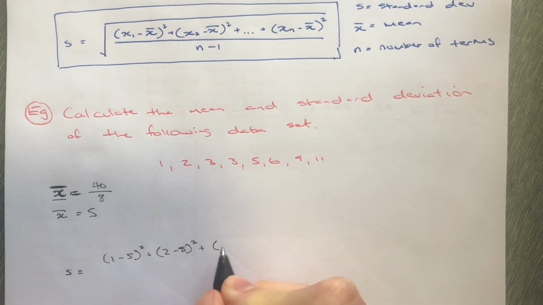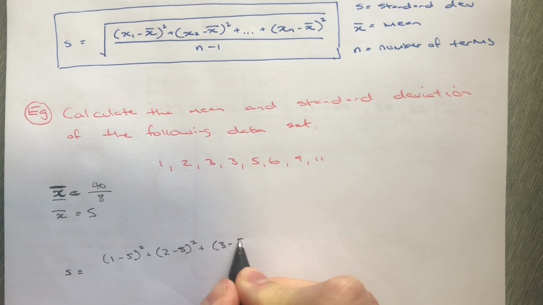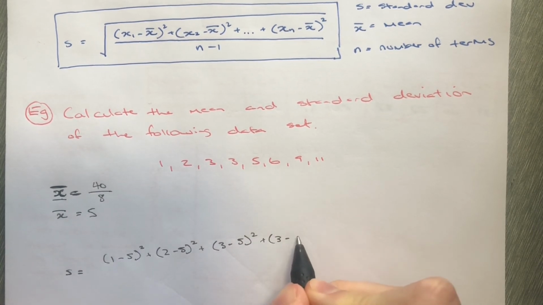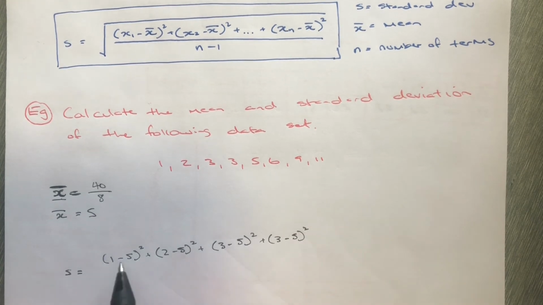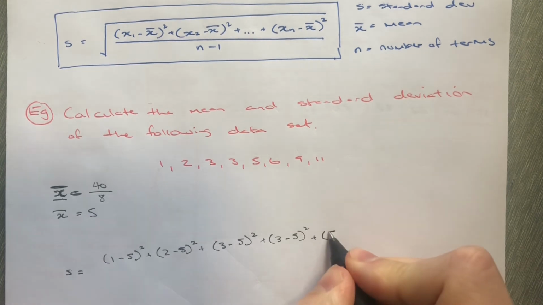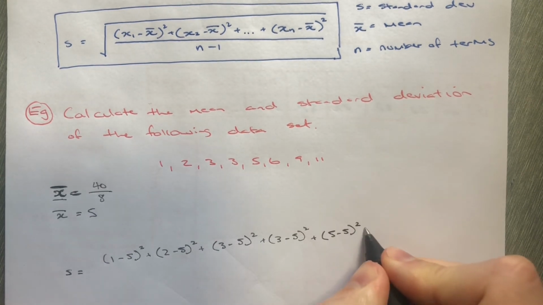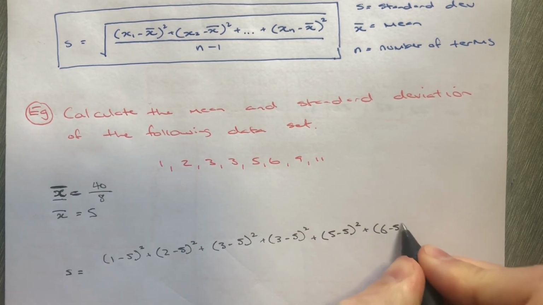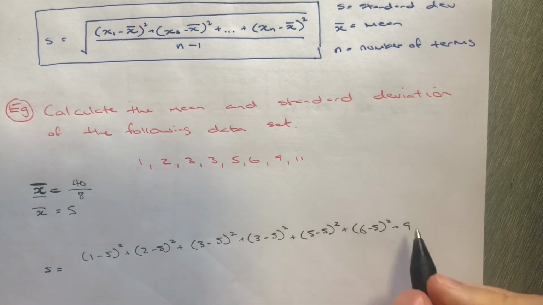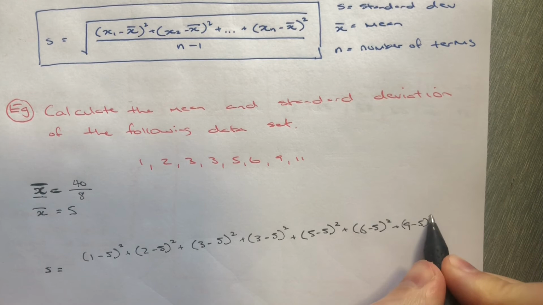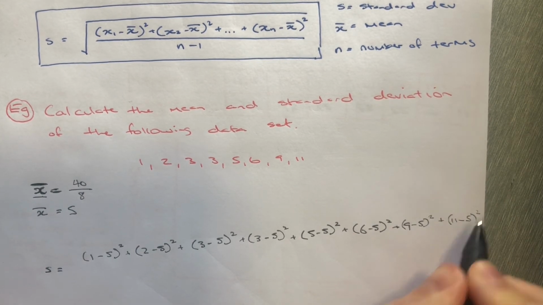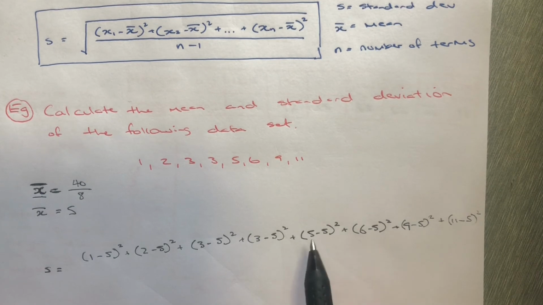Third term, 3, take away the mean and square it. See how I'm just doing it for every single term? I've done it for the first 4, now I'll just do the other ones as well. Okay, so I've done that line.